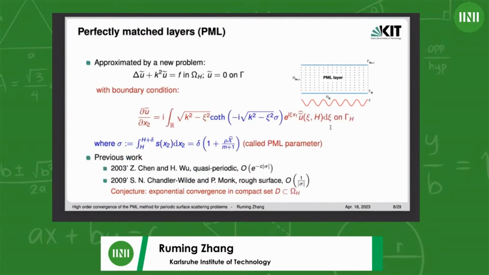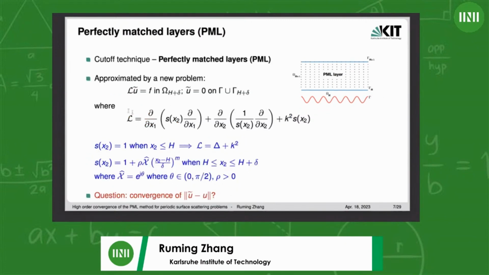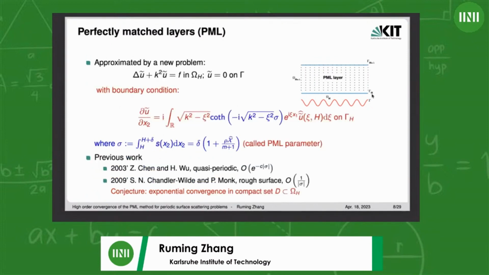First, since the new differential operator capital L has a very clear form which only depends on x2 in this PML layer, we can also use the detour map on gamma H to rewrite the problem in the domain omega H. So U tilde satisfies exactly the same equation as U in omega H and the boundary condition on gamma.